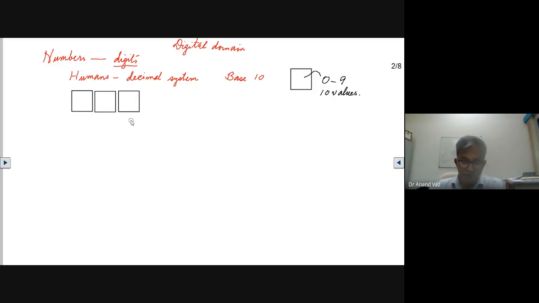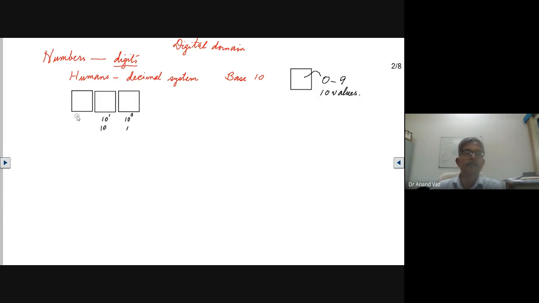Now each of these digits has a weightage. The digit over here is the least significant. So here 10 raised to 0, that is 1. And we have the weightage here as 10 raised to 1, which corresponds to 10.